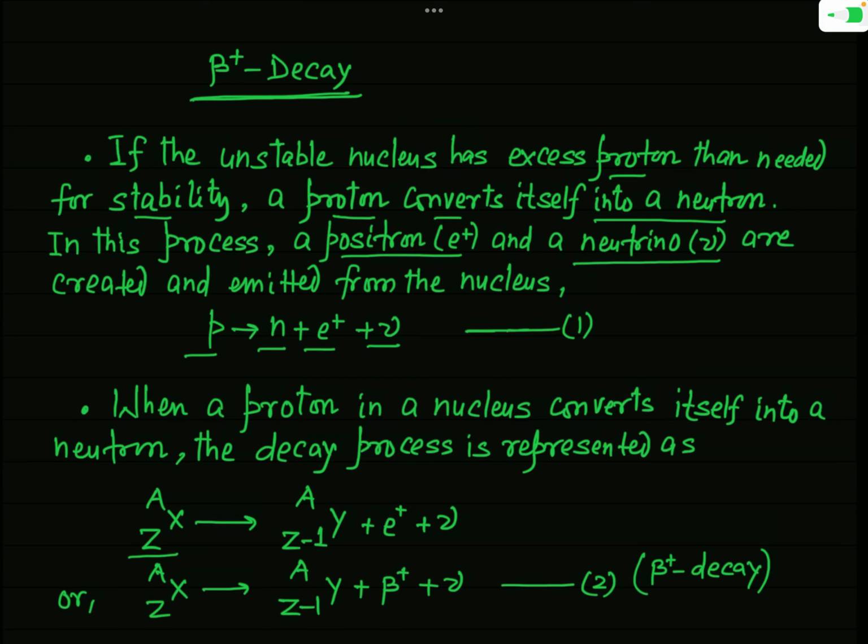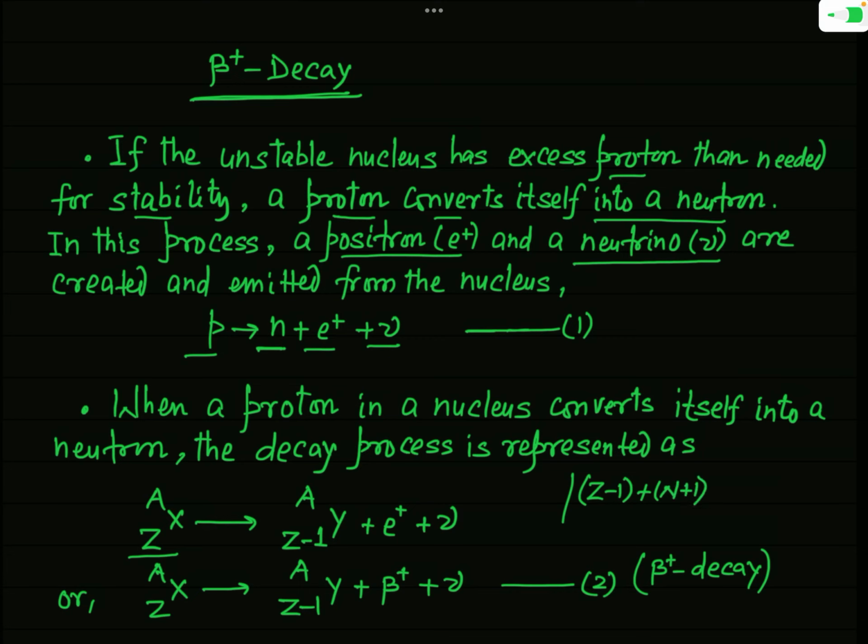So there will be a decrease in the number of protons by 1. If the number of protons was Z in the parent nucleus, then there will be Z minus 1 protons in the daughter nucleus, because 1 proton has been decreased. On the other hand, 1 neutron is created, so the number of neutrons will be increased by 1.